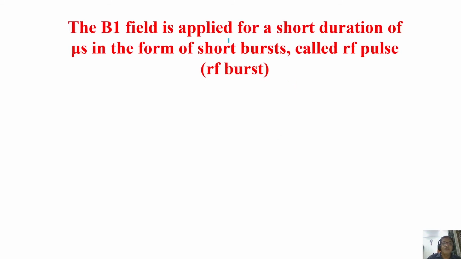When you apply the B1 field, it is for a short duration of microseconds to milliseconds, very small, 5 microseconds, 10 microseconds. In some special examples, we apply 1 millisecond. Don't worry. But most of the time, for the excitation pulse, to disturb the spins from equilibrium to non-equilibrium, we apply only a microsecond pulse.